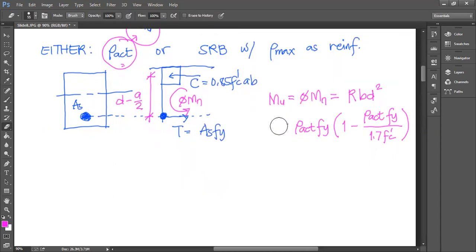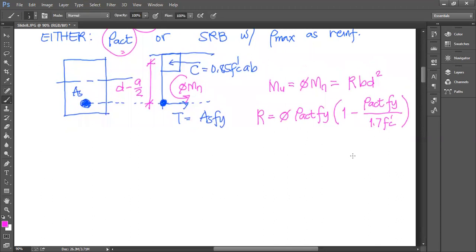So therefore, meron pang isang term dyan. Ang isang term dyan for R again is equal to phi. Diba? So, makukuha natin na yung design ratio is nasa ultimate na state. So, R is equal to raw actual Fy multiplied by 1 minus raw actual Fy all over 1.7 F prime C.